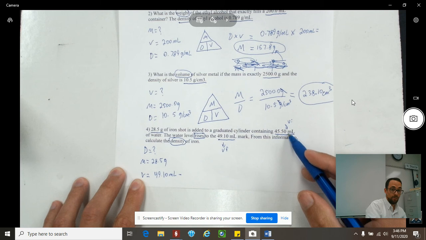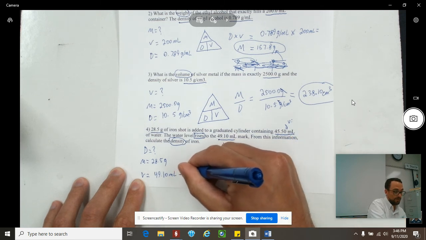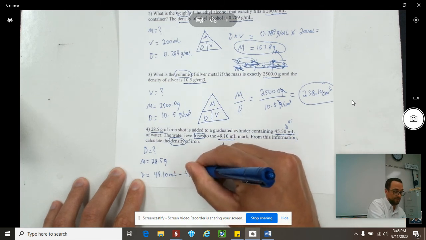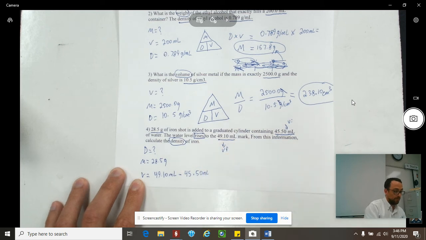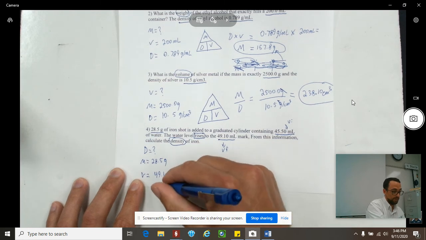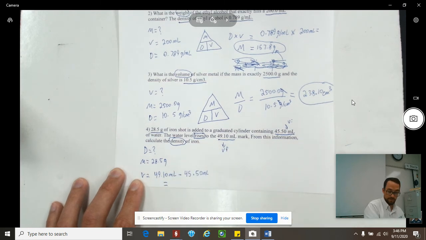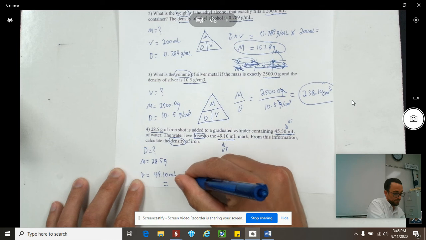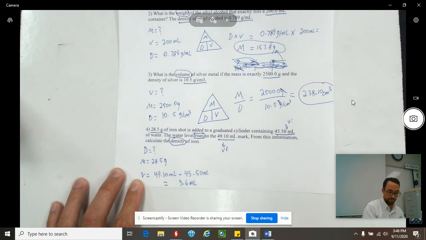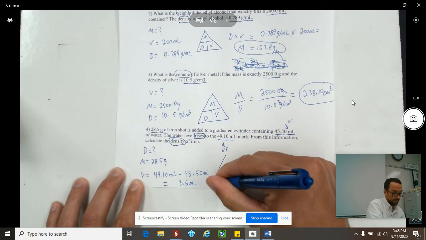And what we started with was the initial one, which is 45.50 mL. So before I can do anything with my triangle, I need to figure out this number for my volume. When I do the calculations, this gives me 3.6 milliliters.